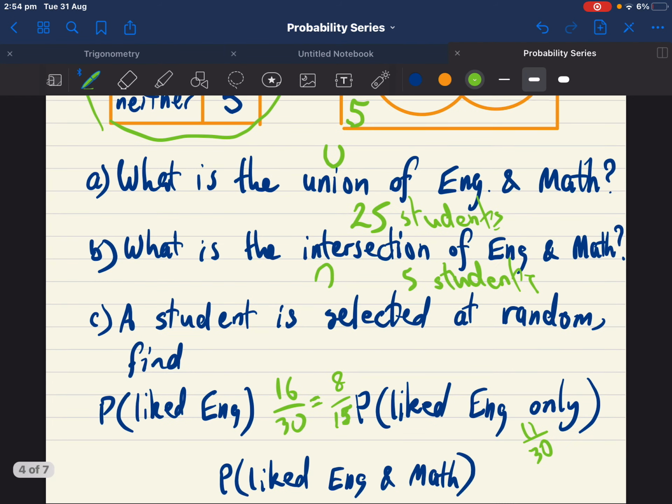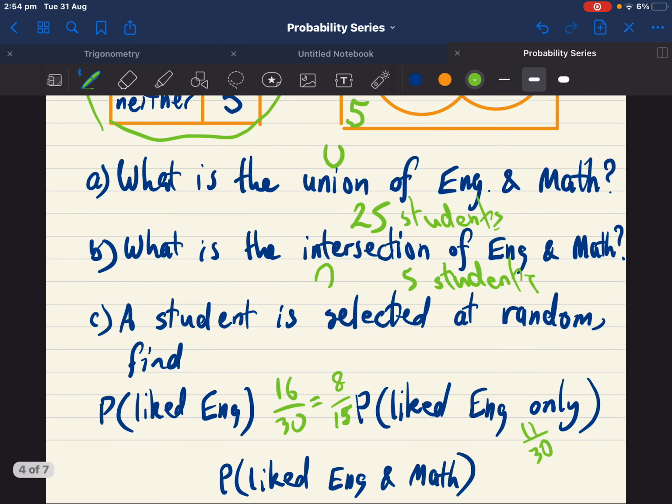Sometimes you get questions that ask what's the probability that a student likes neither. That's going to be pretty basic. If ever you see a probability question where they have a line above, that means the opposite or the complement of. So that would mean what's the probability we get a student that didn't like English. So you're referring to all the students or elements that don't belong to that set.